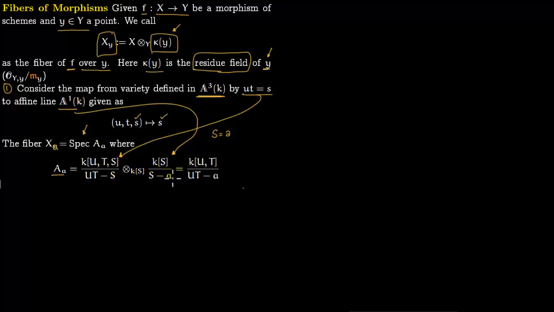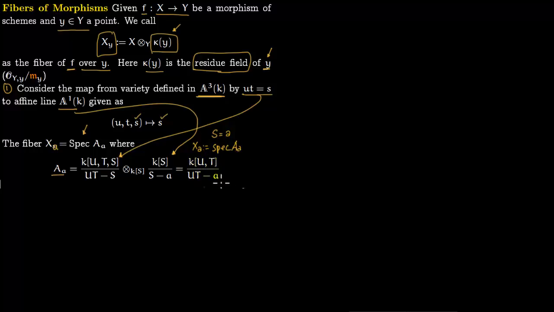You take the tensor of these two, you will just set s as a, and that is what you get: k[u,t]/(ut minus a). This is A_a, and then you put Spec in front of it, so you get X_a. So X_a is just Spec of this thing.